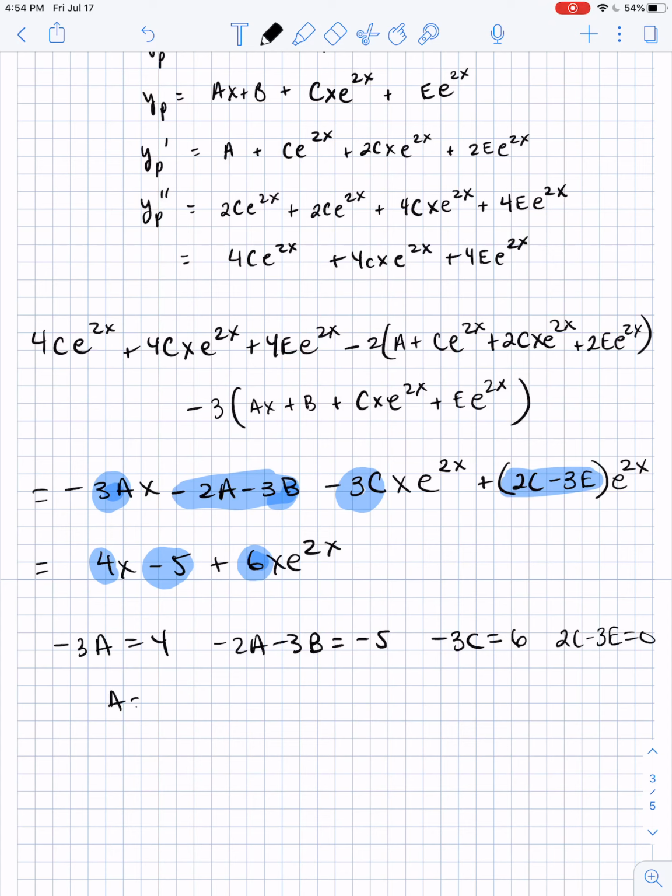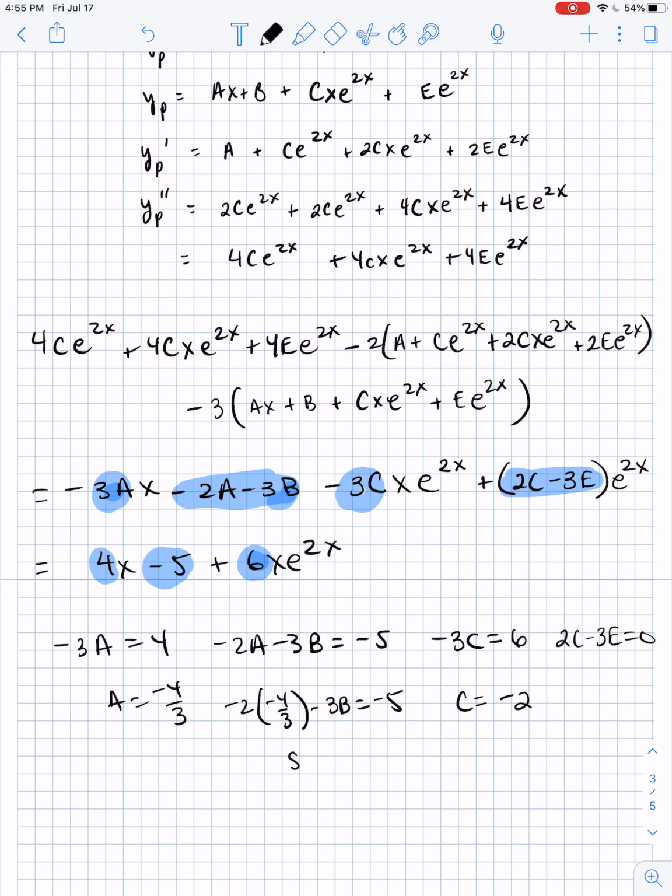So I know A is negative 4/3. I know C is going to be negative 2. If I plug in here, I get negative 2 times negative 4/3 minus 3b equals negative 5.